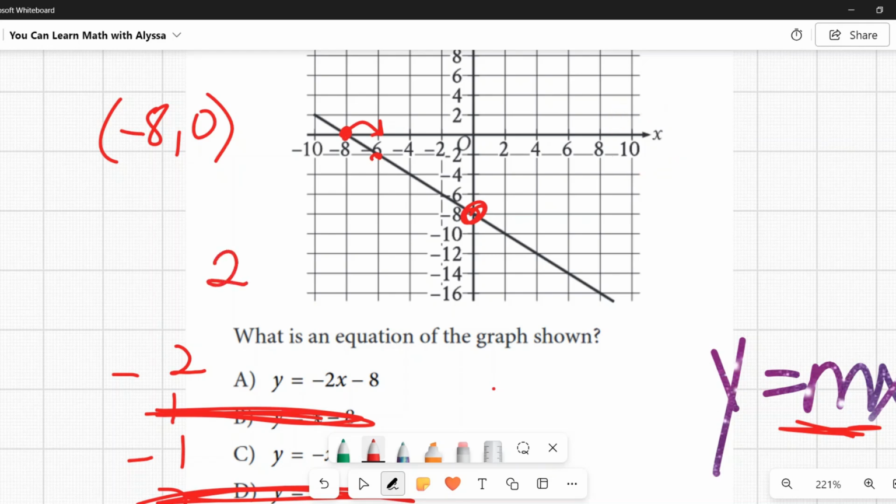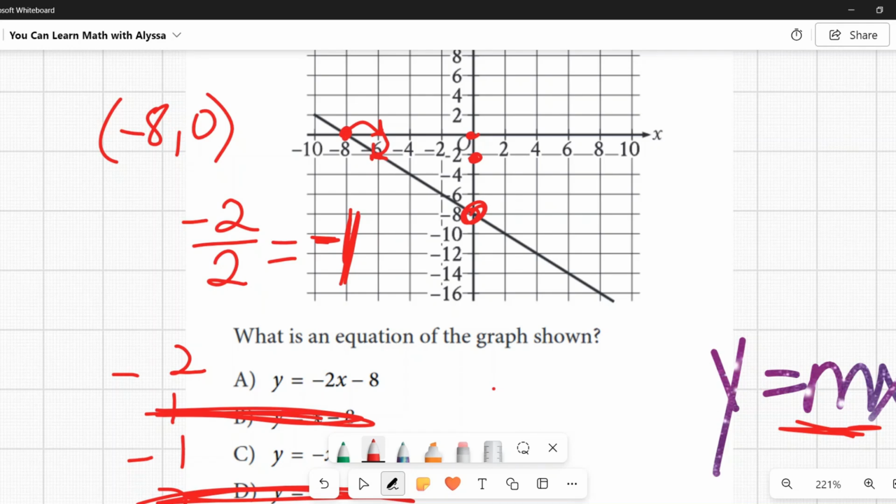So my run is a positive 2, and it's going down from 0 to -2, so the rise is a -2. It's -2 over 2. That's going to be a -1. My slope is -1. You can also just put those points in instead of counting it on the graph.